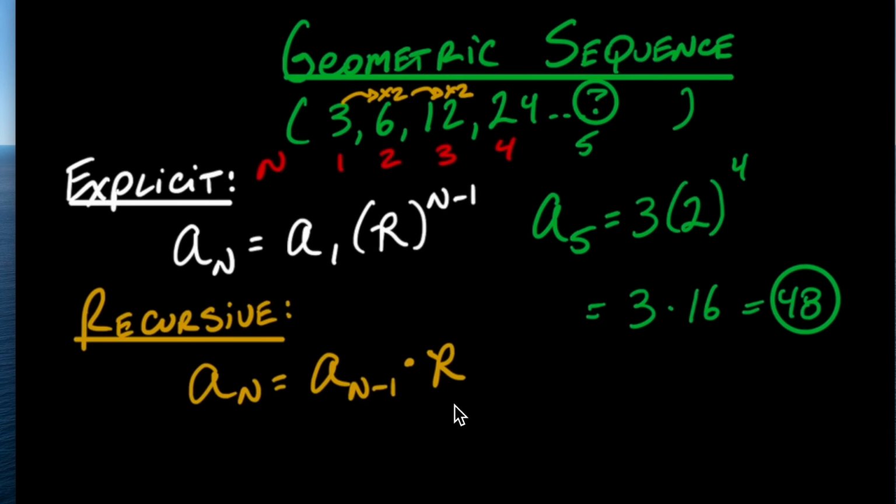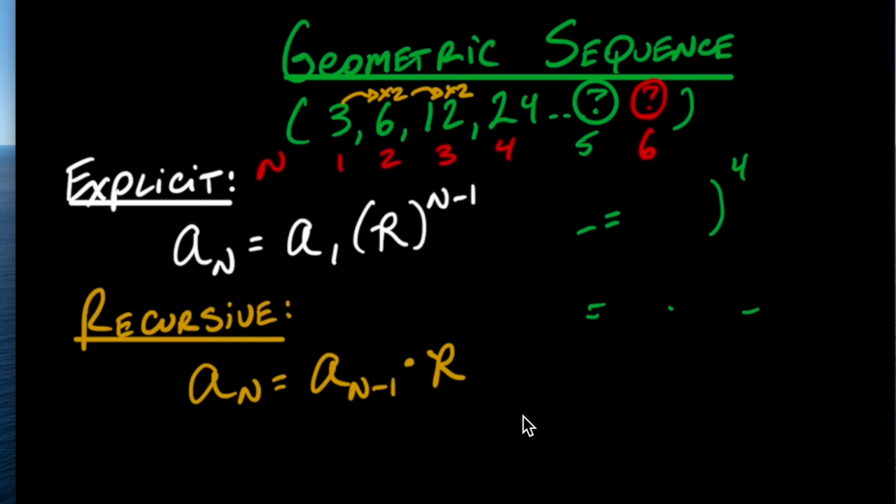So if I want to find a sub 6, which isn't here, let's give it a different colored question mark. We're at position 6. If you're asked what is a sub 6, and you want to use the recursive formula, what do you do?